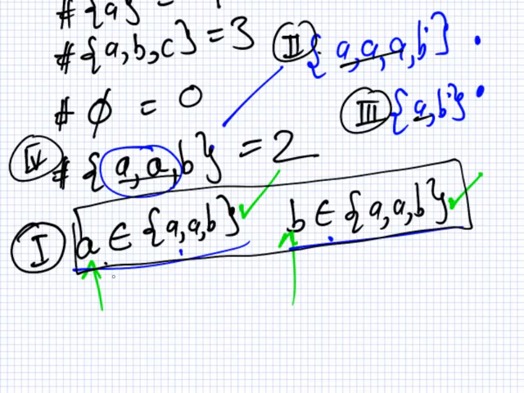So number 1, part A. True or false? True. Next? True. Next? True. Next? True. Next? False. Next? False. Next? False. Next? Yes. False. Next? True. Next? Good. And next? What are we saying? True, false, which is it? It is false.